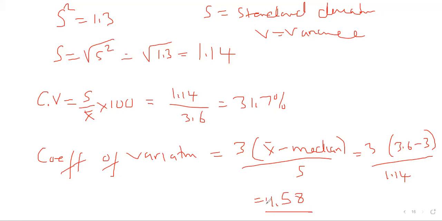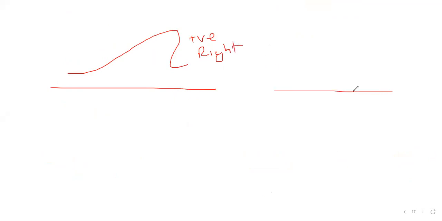Here you're only interested in whether the answer is positive or negative. Your comment, if it's positive, means it's skewed to the right, or positively skewed. If the distribution is skewed to the left, it means maybe most people have failed here.